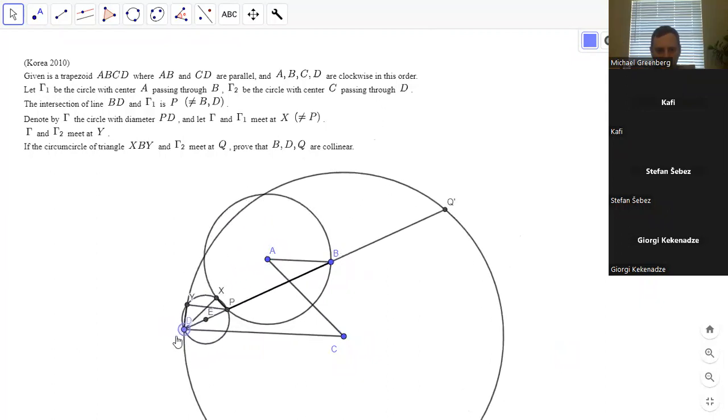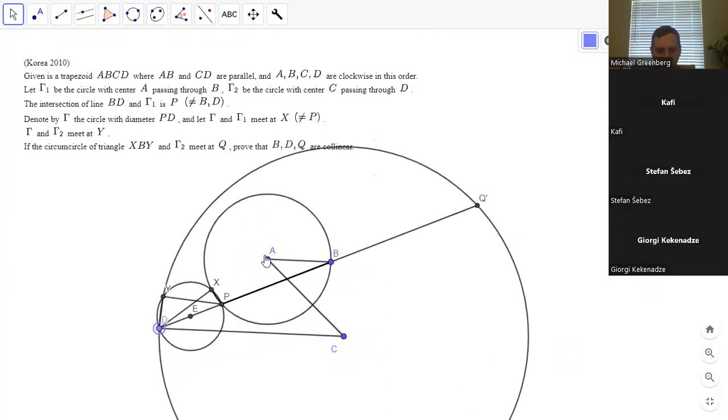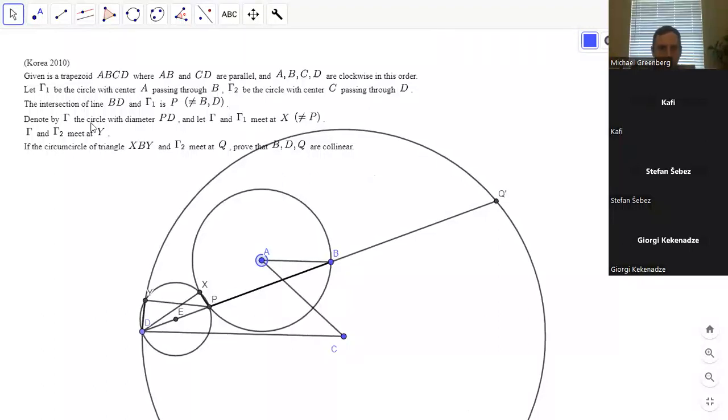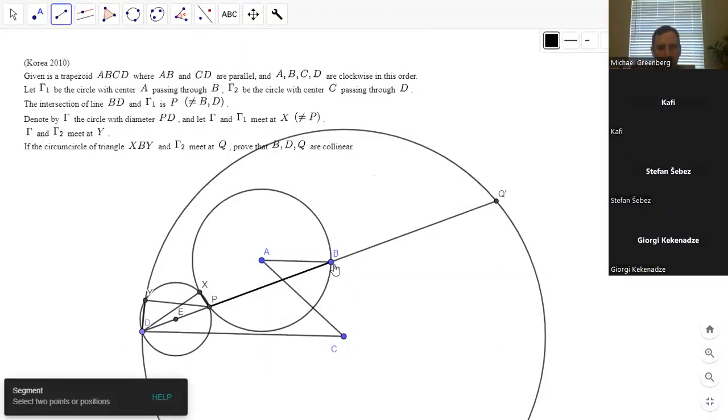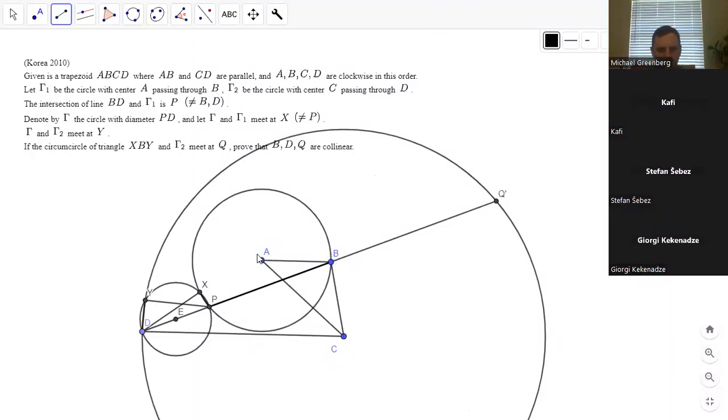And then let's see. Okay. So we have A, B, C, D. Passing through D, then BD intersects P. So BD intersects a small circle at P and the big circle at Q prime.